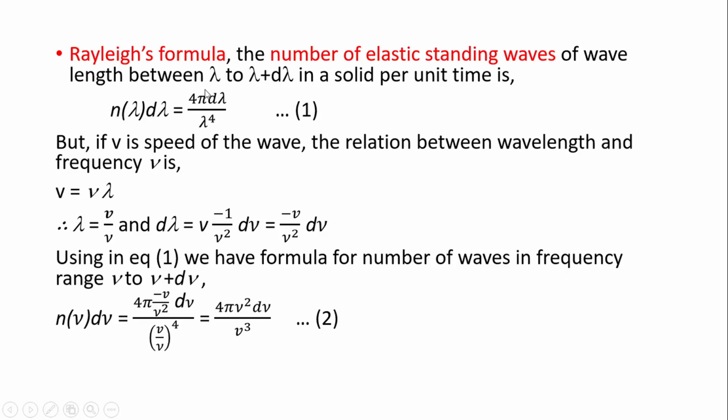That means equation 1 represents the number of elastic standing waves in the wavelength region d lambda, while equation 2 represents the number of elastic standing waves in the frequency region d nu, which is equal to 4 pi nu square d nu upon v cube.